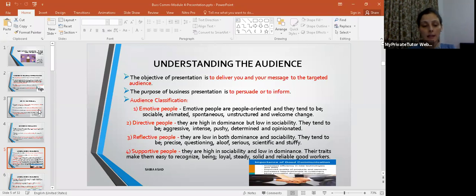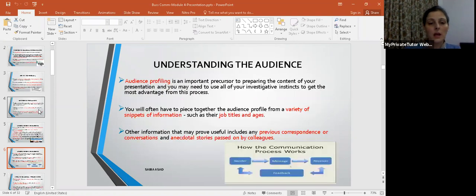They can be very loyal. Whatever is very good for the company, they will definitely opt for that. So we have focused on the four types of audience, understanding the audience.